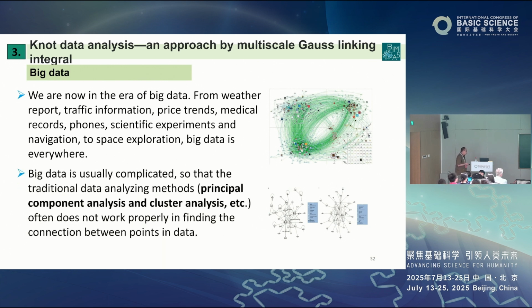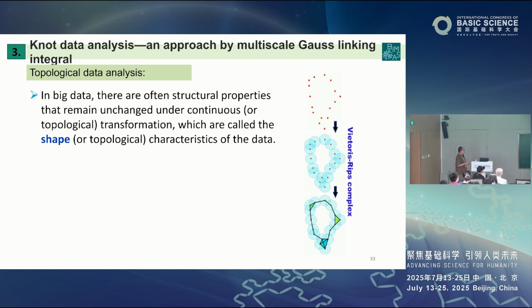Big data is usually complicated, so traditional data analysis methods often don't work properly in finding the connections between points in data. In big data, there are often structural properties that remain unchanged under continuous transformation, which are called the shape characteristics of data.